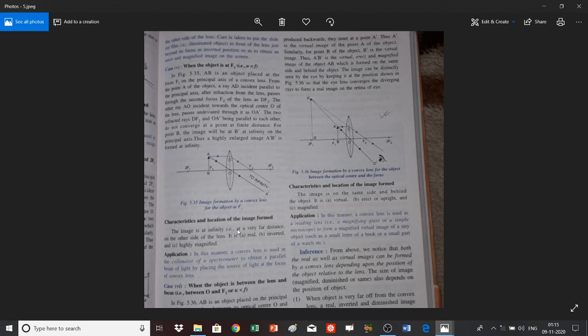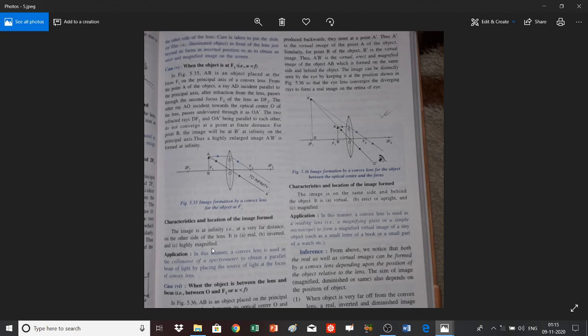So the characteristics of the image in this case: number one, it is real. Obviously they will meet at infinity, so it is real, and obviously it is inverted and highly magnified. That means in this case the image size will be very very high compared with the object size.